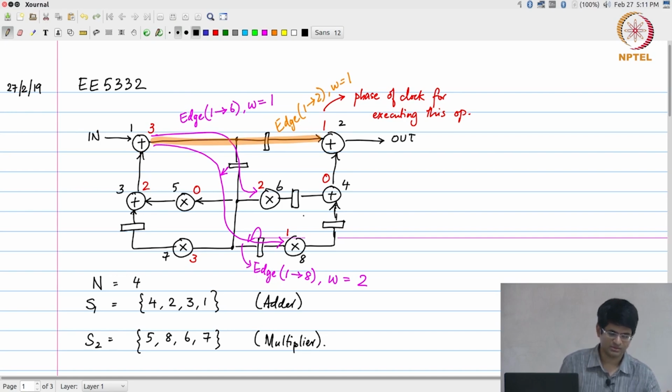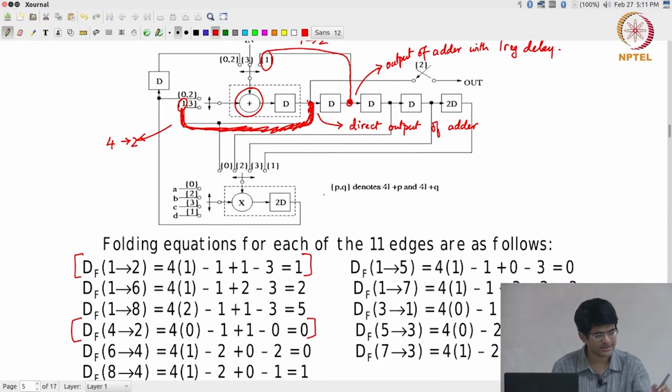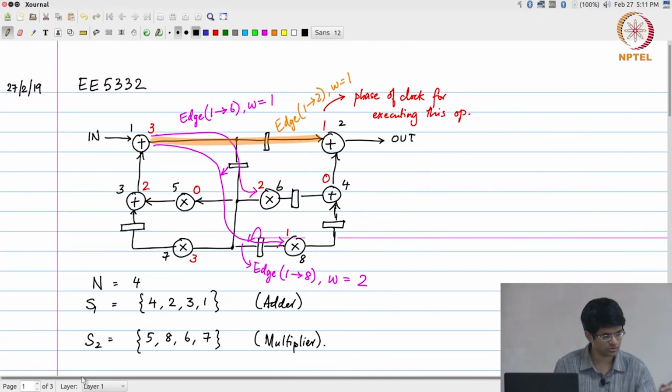So yes, the inputs to 4 are coming from 6 and from 8. The corresponding df values, let's just simplify matters and go look at this. These are the two values that I am interested in. Df from 6 to 4 essentially corresponds to 0 minus 2 minus 2, so minus 4 plus the 1 sample delay over here. So it basically becomes 4 minus 4 equal to 0.